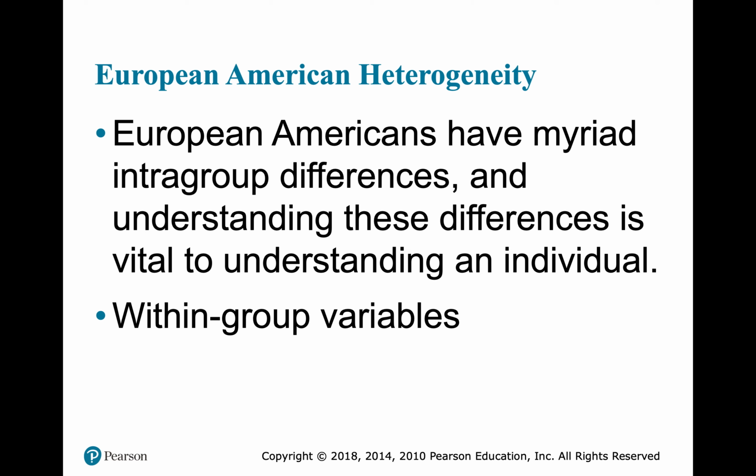So that varies widely. Socioeconomic status, educational level, geographic variables, religious views, generational differences, non-ethnic marginalized group identity. So this could be ability status or relationship orientation. So the list goes on and on. Many differences.